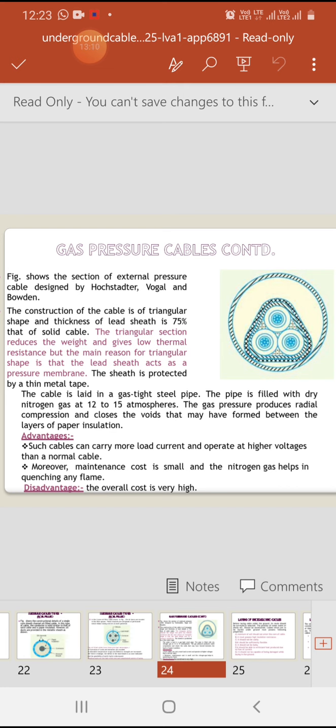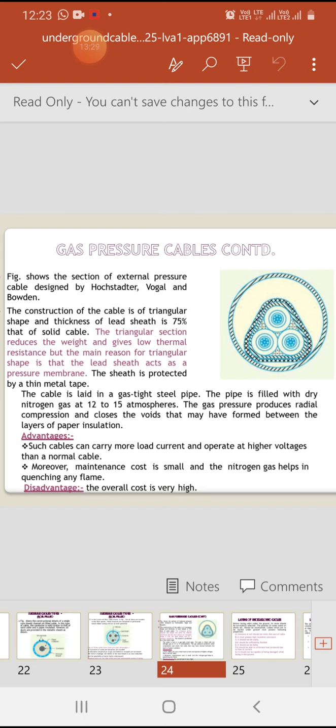See the diagram. This diagram shows the section of external pressure cable designed by Hochstadter, Vogel, and Bowden.